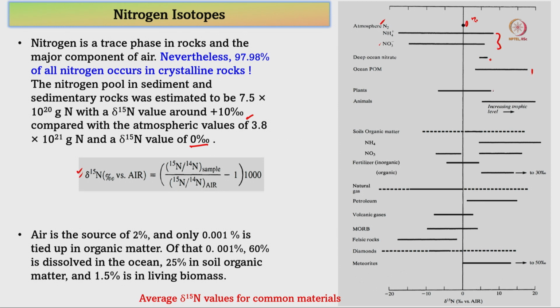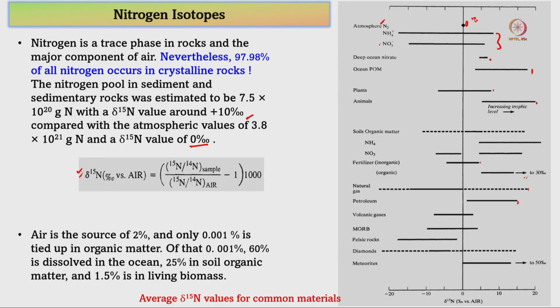Then this is the variability in plants that we observe. This is the variability we observe in animals, and with increasing trophic level, we move along to the more positive side. Soil organic matter again has huge variability, and then we have soil ammonium and soil nitrates. These are fertilizers, inorganic ones and organic ones being more positive. Then again a huge variation in the natural gas produced from organic matter decay.